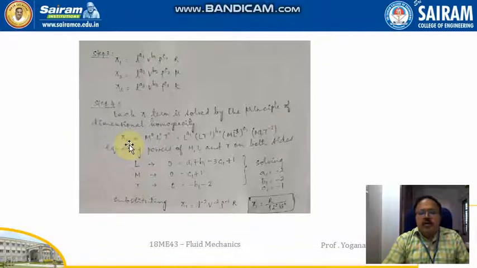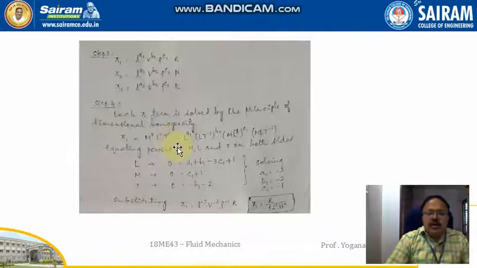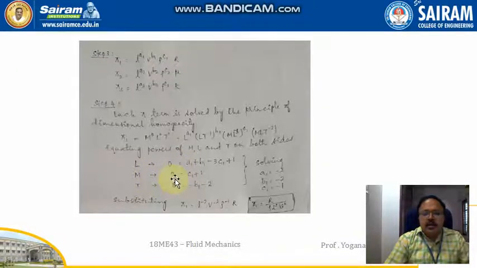First we take the first pi term, that is pi 1, with the fundamental dimensions L, M and T. Since pi 1 does not have any fundamental dimensions, their powers are 0: the power of L is 0, the power of M is also 0, and the power of T is also 0 on the left side of the equation, because pi 1 is a term having no fundamental dimensions.